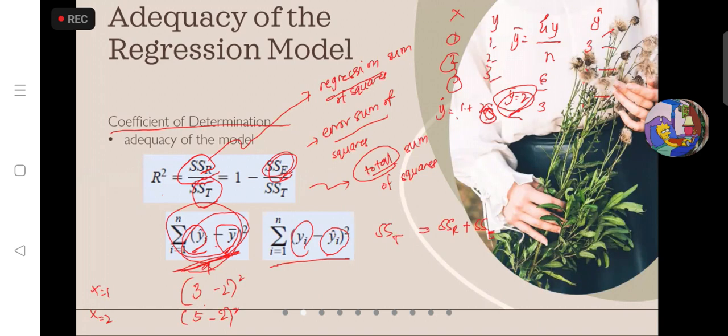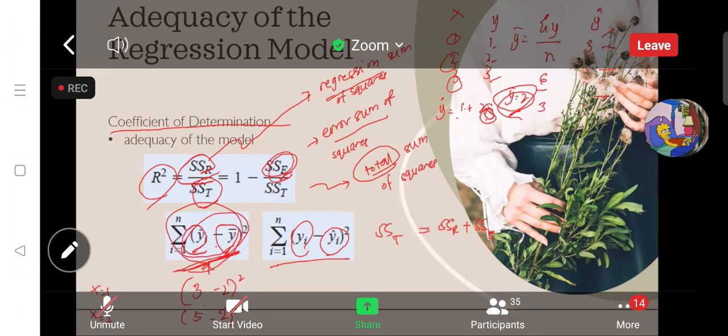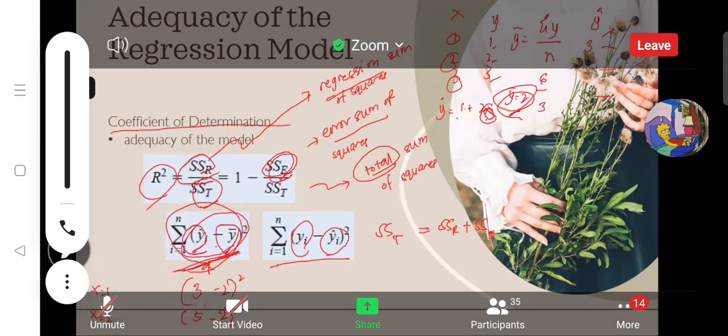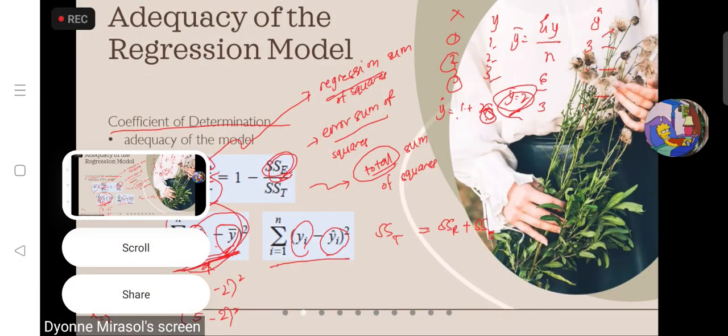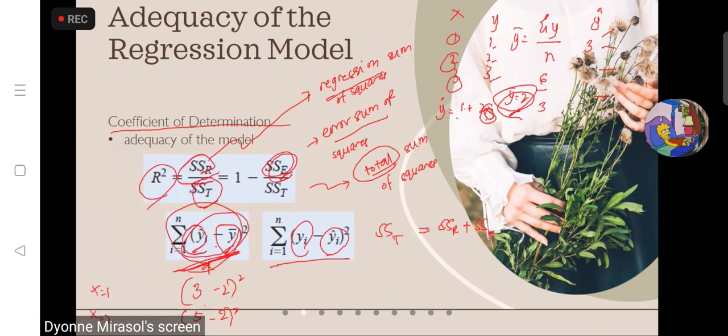So what does the coefficient of determination imply? If our correlation coefficient, katong r nga gamay, ingon nito siya nga 0, negative 1, and positive 1, the closer it is to positive 1, positive siya, strong positive correlationship.